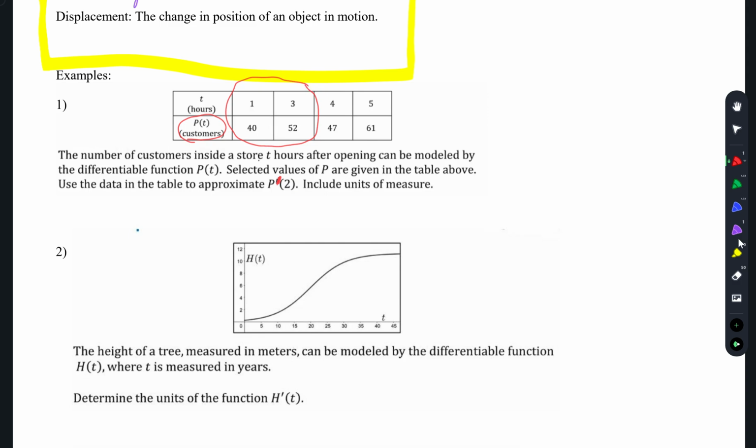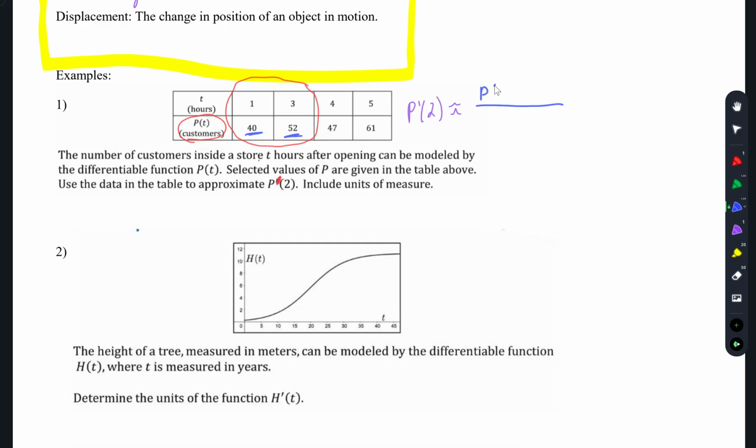Please don't be the kid that does the x's over the y's. So P prime of 2 is approximately, so that's where you're just going to do slope. Actually, maybe I should be more specific. This is what we would want.